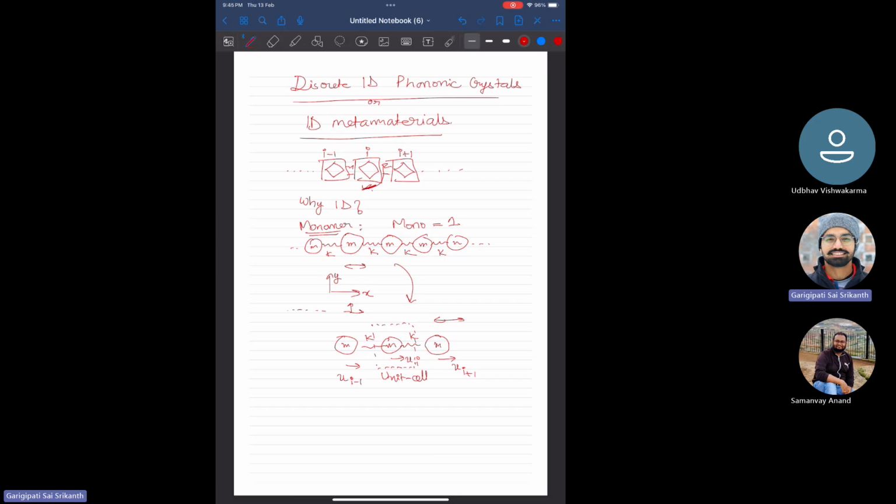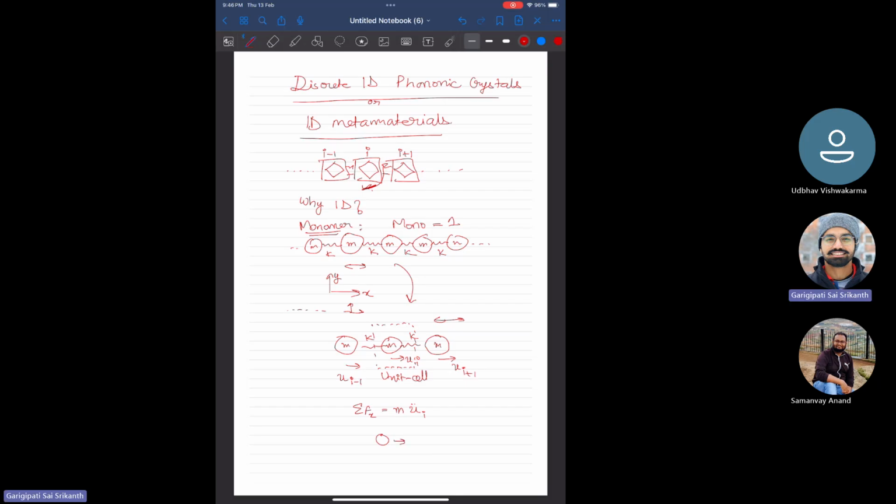If we have to write the force balance equation, the net force in x on the body should be equal to the mass of the body times the acceleration, that is u of i double dot. So we'll write this equation. What is f of x? Essentially, when will this mass be pulled in this way?